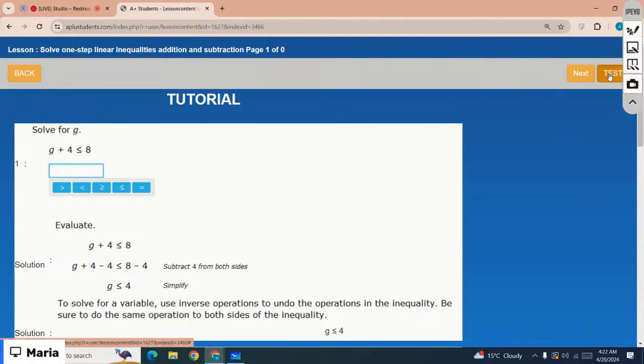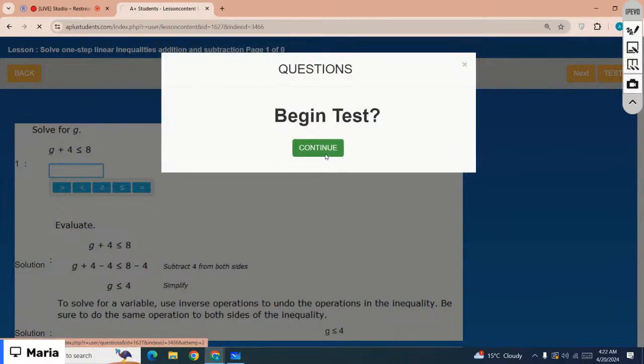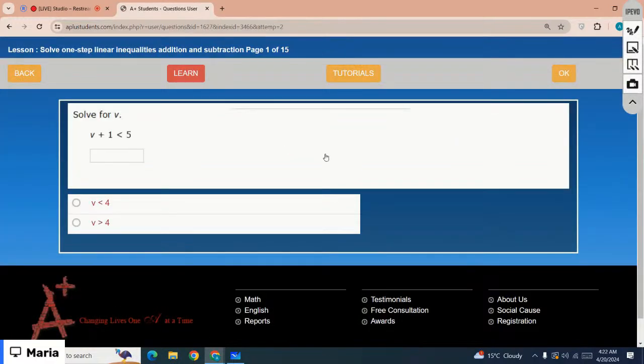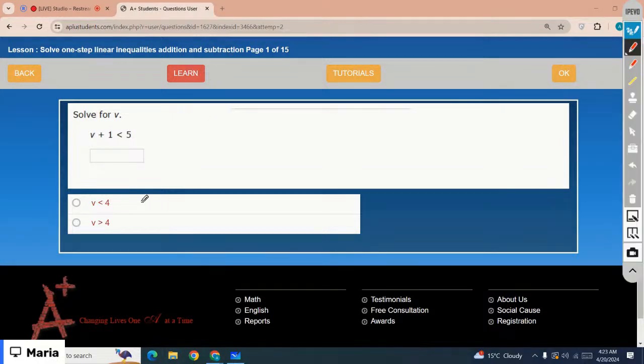Okay, let's just start with the test questions. Okay, solve for v. v plus 1 is less than 5. So you have to solve for v.